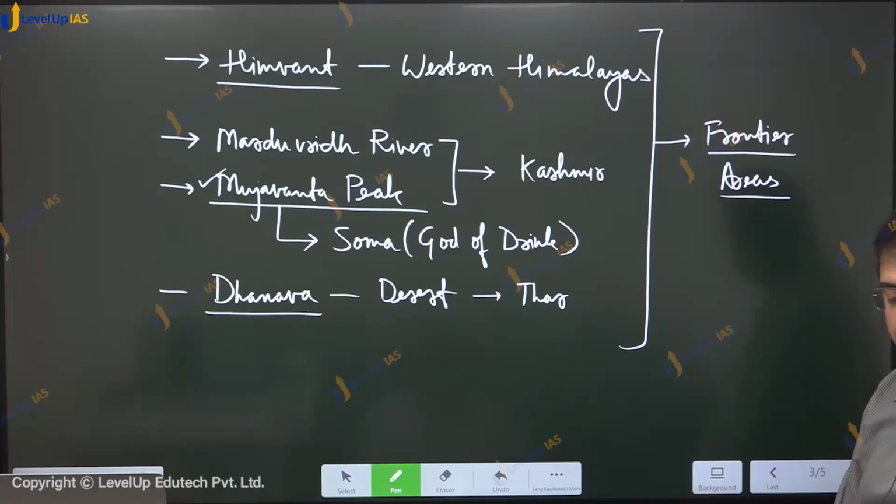However, these were also frontier regions. Full stop. Next point.